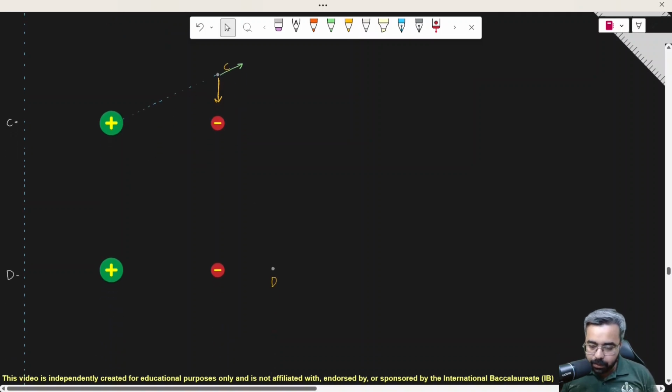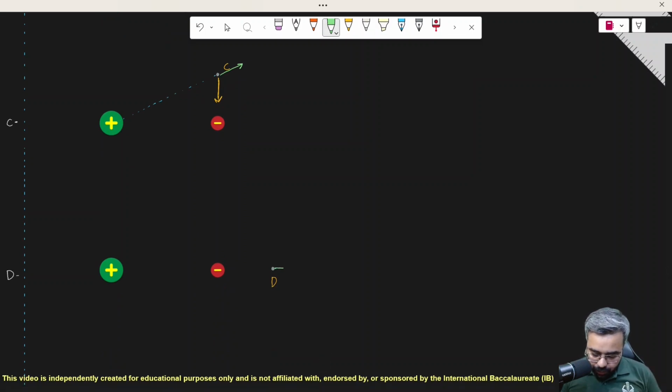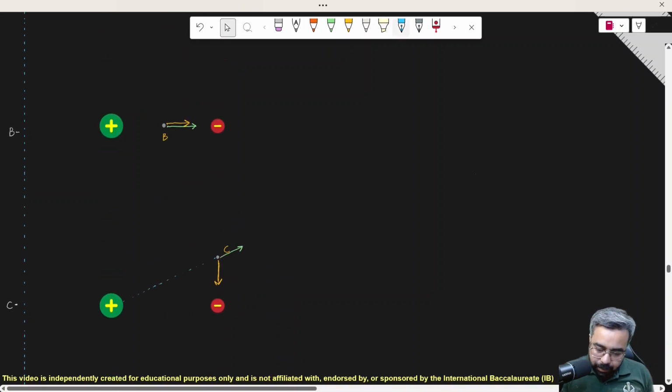Now what about D? For D, due to the positive charge it will be away, but it will have a smaller value because point D is distant from that positive charge, whereas for the negative charge it is towards. So again, you see the two vectors are in opposite directions. So the right answer should be option B.